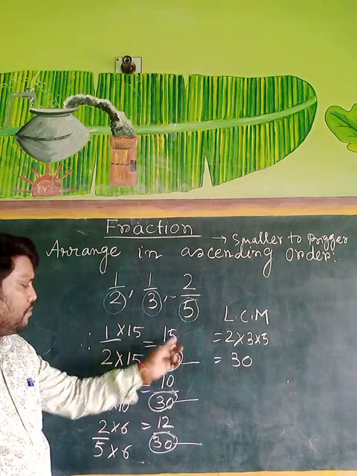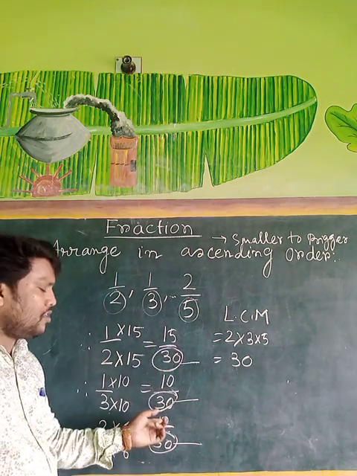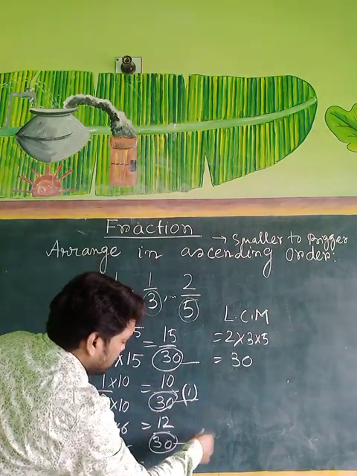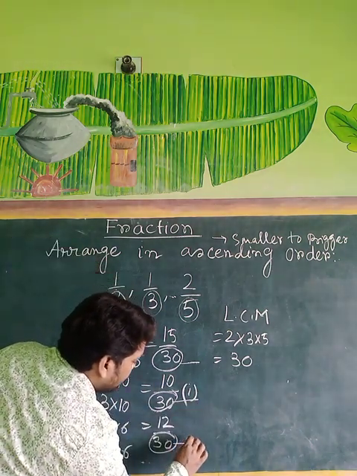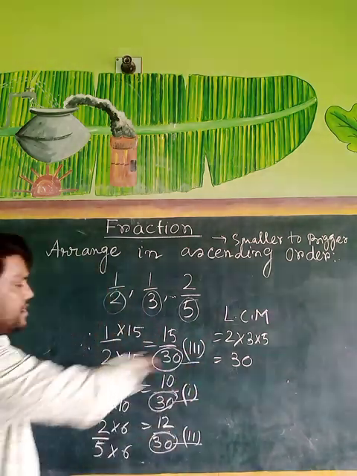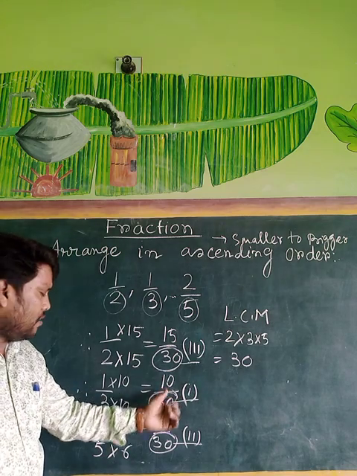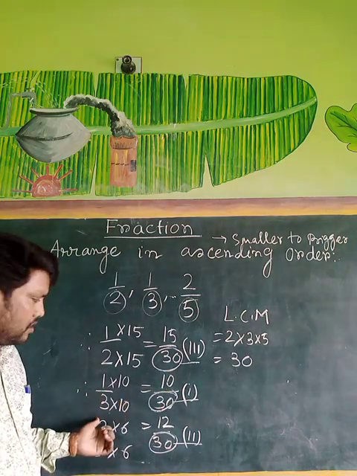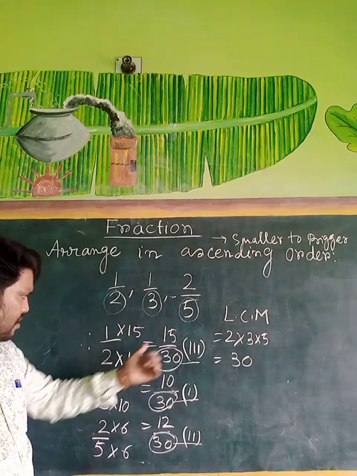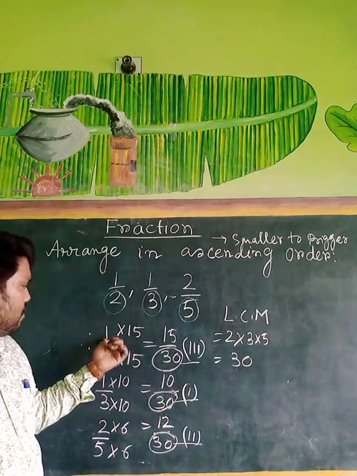So out of 30: 15, out of 30: 10, out of 30: 12. Which is smallest? 10 by 30. Which is greater than 10 by 30? 12 by 30, and then the third number. So in ascending order: 10 by 30, which comes from 1/3; 12 by 30, which comes from 2 by 5; 15 by 30, which comes from 1 by 2.